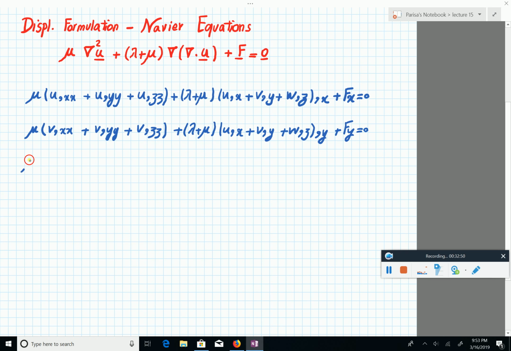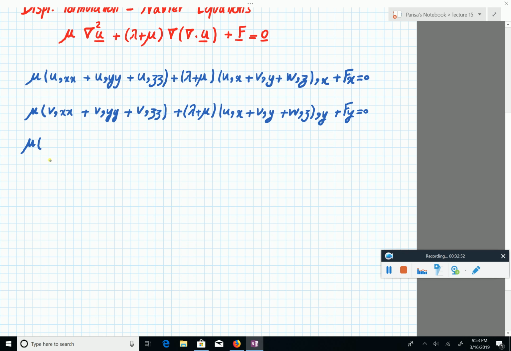And then mu times w. Since w is not 0, this third equation also exists. We saw that the out of plane displacement w is not necessarily equal to 0.